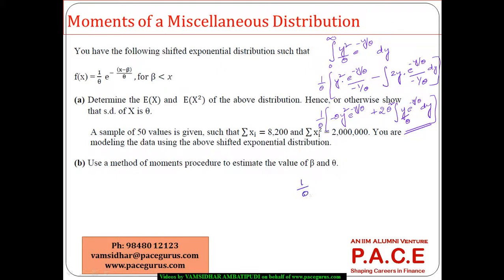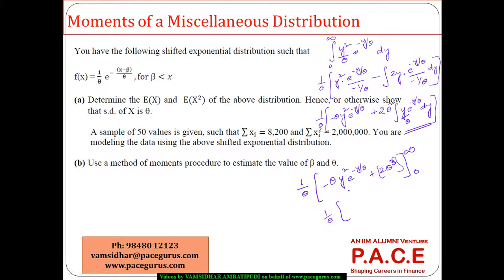So this is working out as 1 by theta times minus theta y squared e to the power of minus y by theta plus 2 theta squared times theta. So it becomes 2 theta cube, which is integrated between infinity and 0. Infinity substitution gives nothing, and for 0, we have already done the substitution.